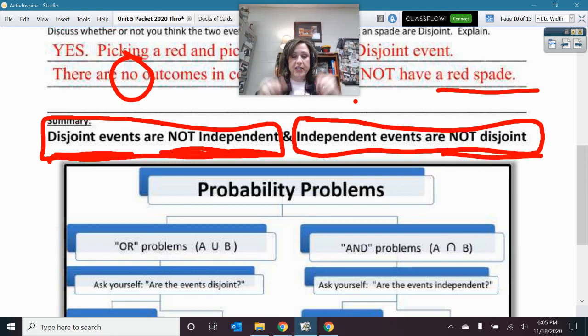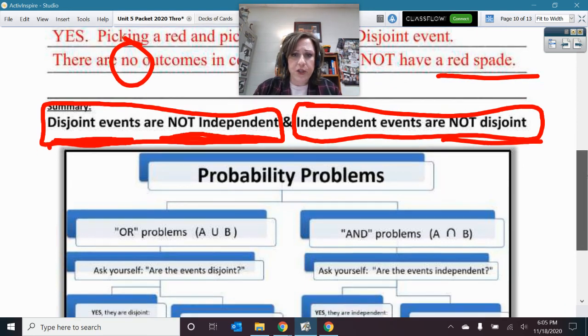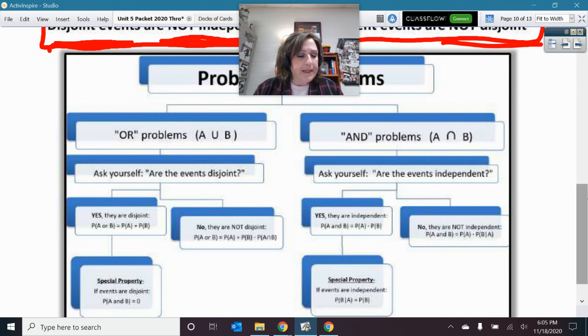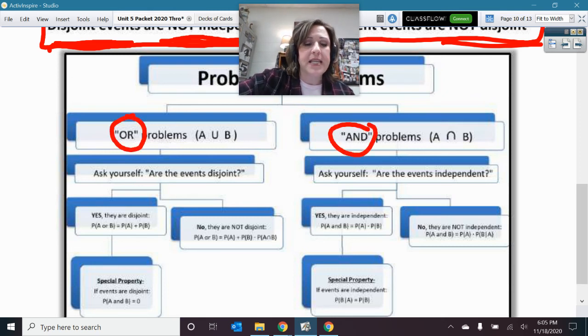So what you need to know is those two things are different. They are not the same. If you are one, you are not the other when it comes down to looking at those definitions. I know it can be confusing because you want to think that they're the same thing, but it's not. This was just a thinking map to kind of guide you through the or and the and problems and thinking if you are disjoint or not.